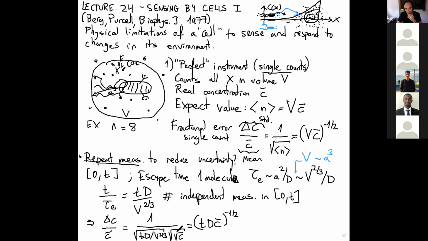And then for b, I have b divided by b to the 2/3, which is b to the 1/3, with 1/2. So it's b to the -1/6. So I get this formula if I can take more than one photograph, more than one measurement, in time T. I copy this equation just for convenience: delta C over C bar equals T D C bar to the -1/2 times b to the -1/6.